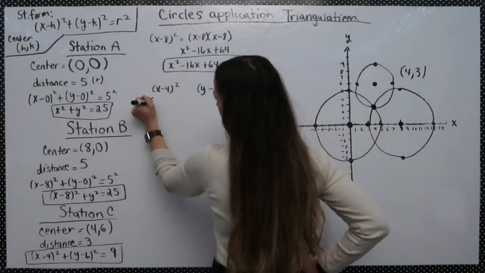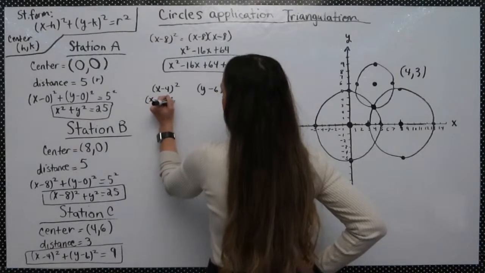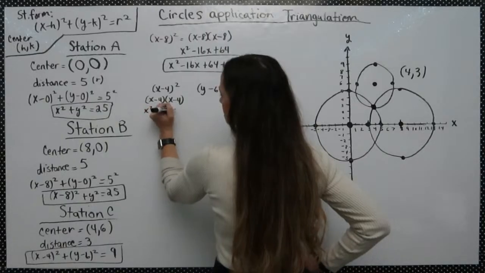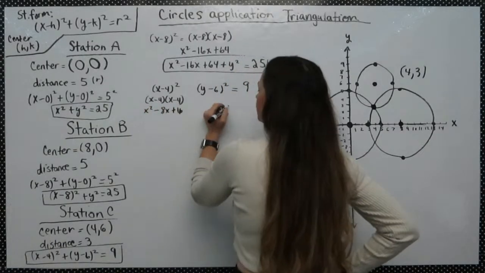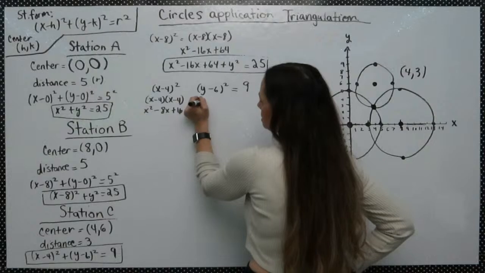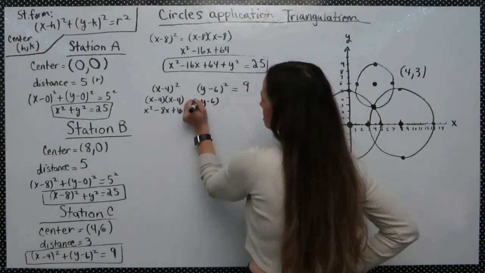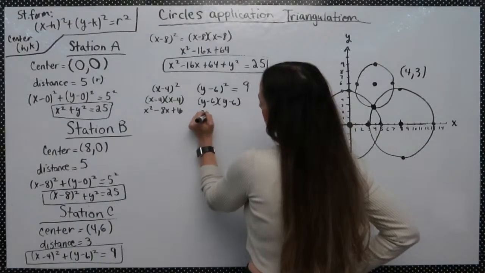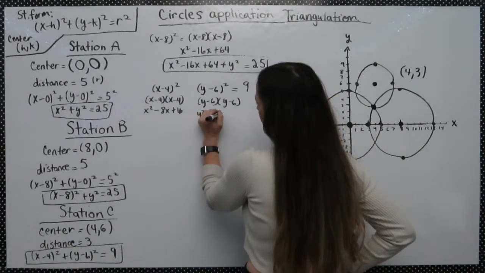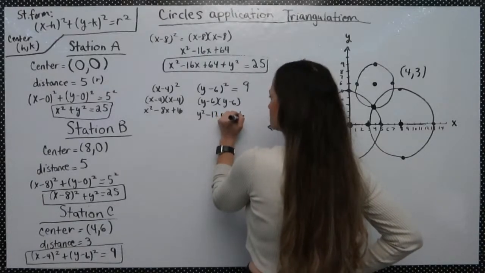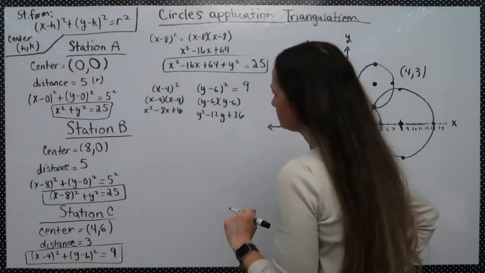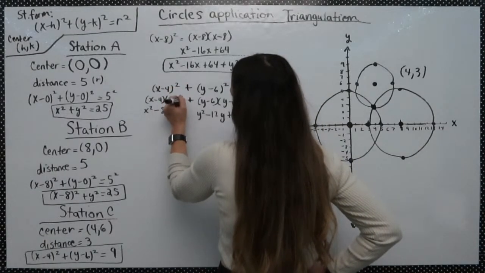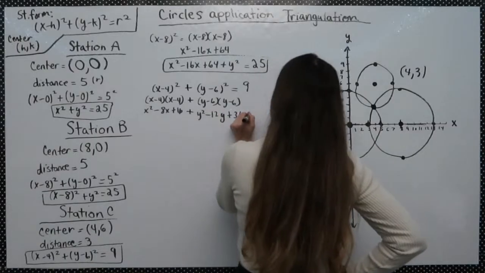This is going to be (x - 4)(x - 4), which is x² - 8x + 16. And then this one is going to be (y - 6)(y - 6). So that's going to be y² - 12y + 36. And that equals 9.